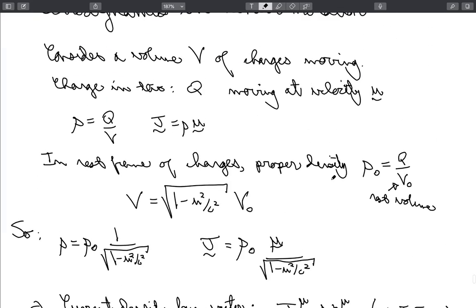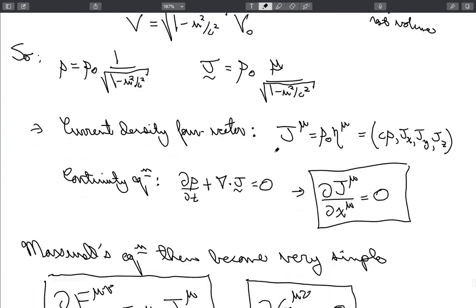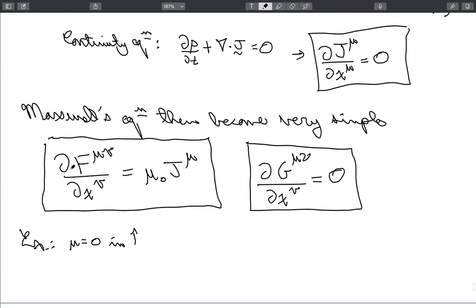So maybe I can show it to you again. This one here, right? So 0, 0, 0, 0, 0, 1, 0, 2, 0, 3. Okay, so I want to do the summation of ∂F^{μν}/∂x^μ when μ is equal to 0.